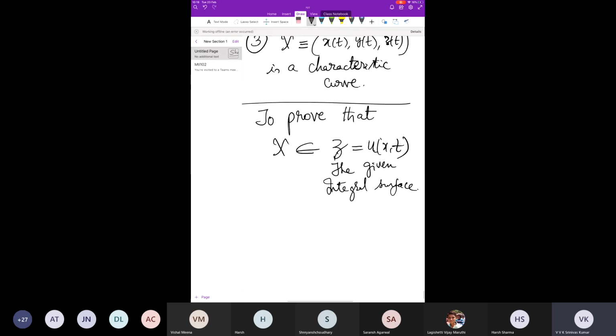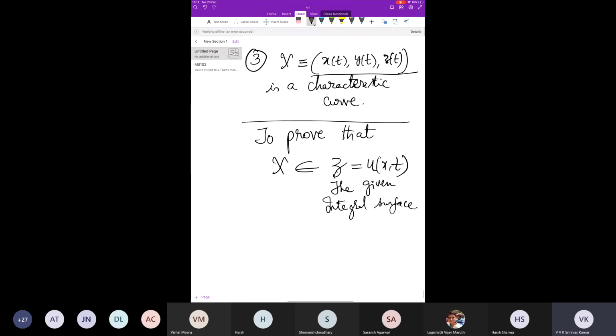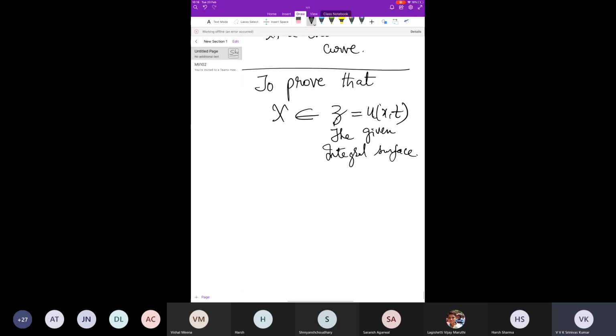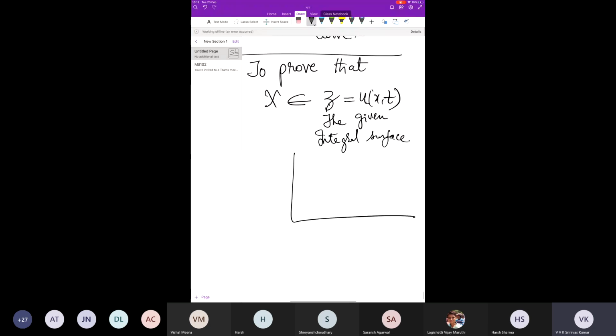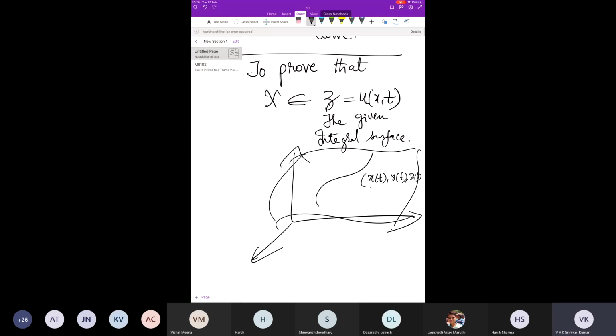So how to prove that? Chi we are defining like this, so chi satisfies the curve x(t), y(t), z(t). That the curve belongs to the surface means it should satisfy the surface equation.